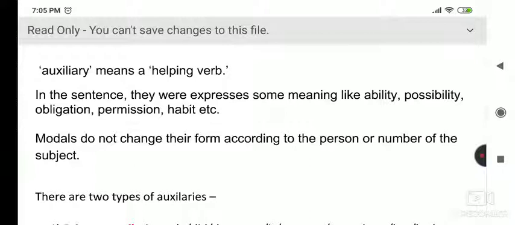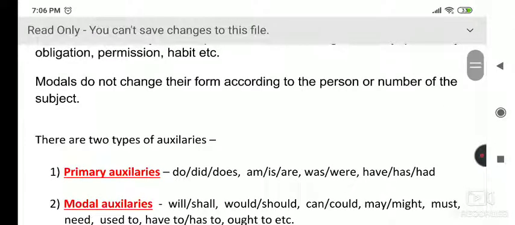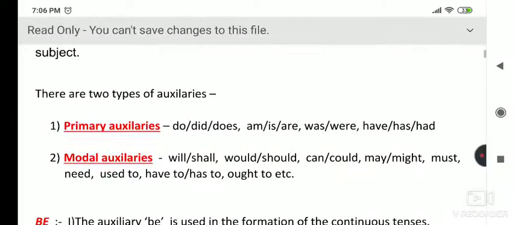In a sentence, they express meanings like ability, possibility, obligation, permission, and habit, etc. They do not change according to the person or subject of the sentence. Mainly there are two types of auxiliaries.